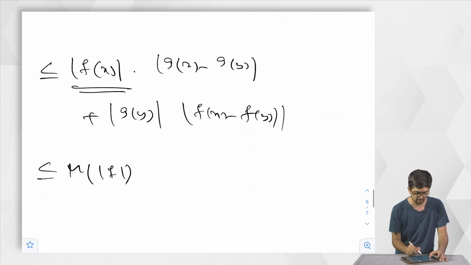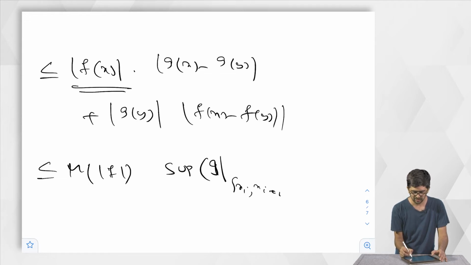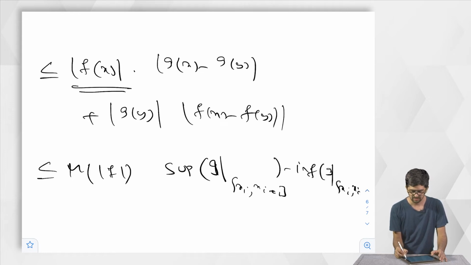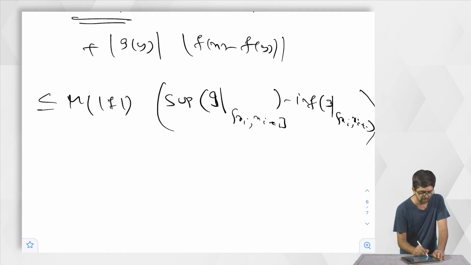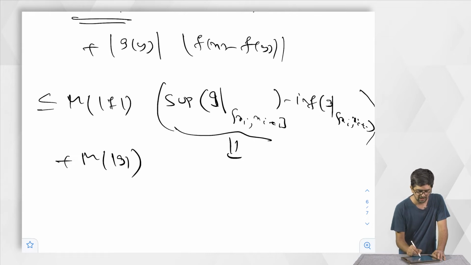So this is less than or equal to the supremum of g restricted to x_{i+1} minus the infimum of g restricted to x_{i+1}. This is one part. Then one can do the same thing for m times mod g and write the same thing, replacing g with f.